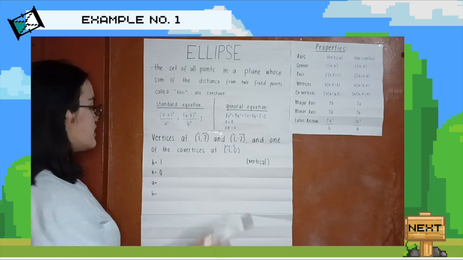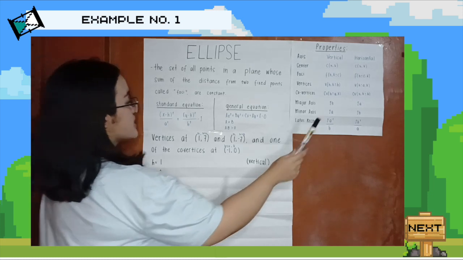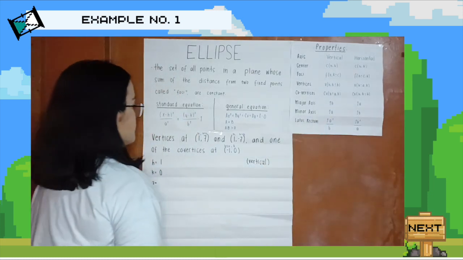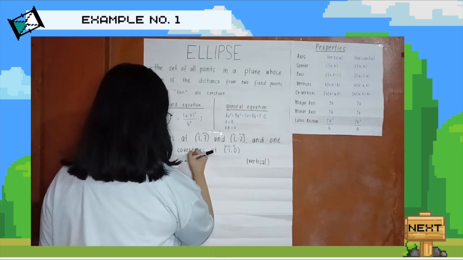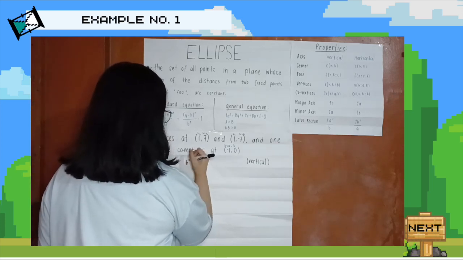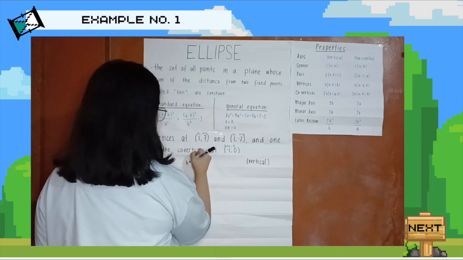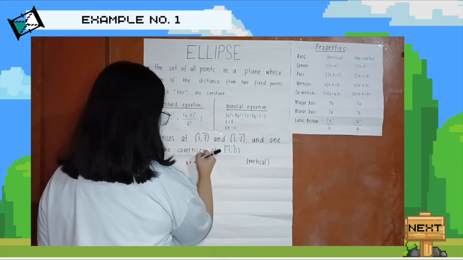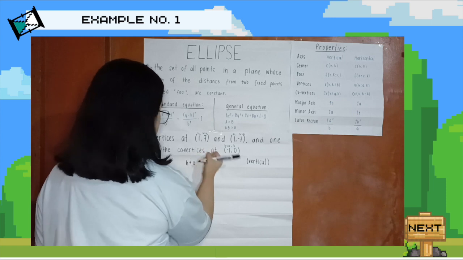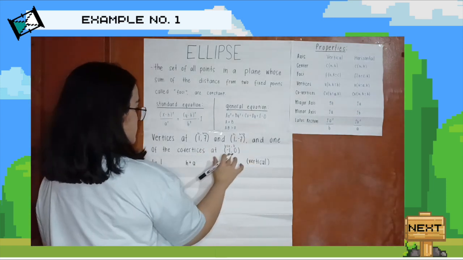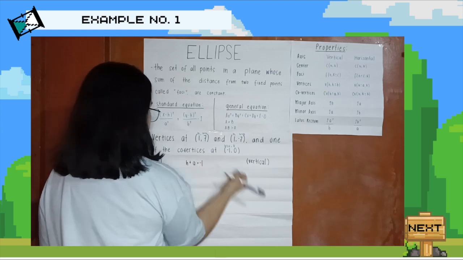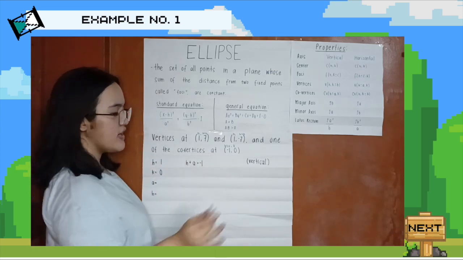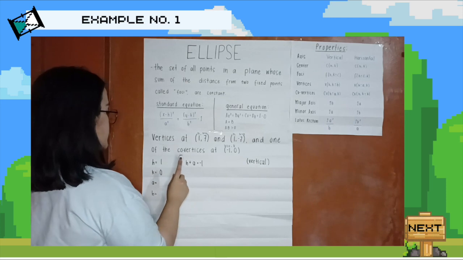And to solve for a, we will be using this. So h plus a is equal to negative 1. Since we already have h, we put 1 here.